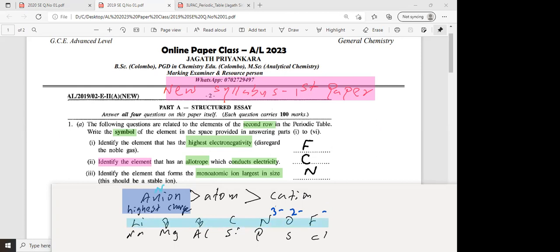Is that clear, everyone? So what happened? The anion with the highest charge will be the largest one.